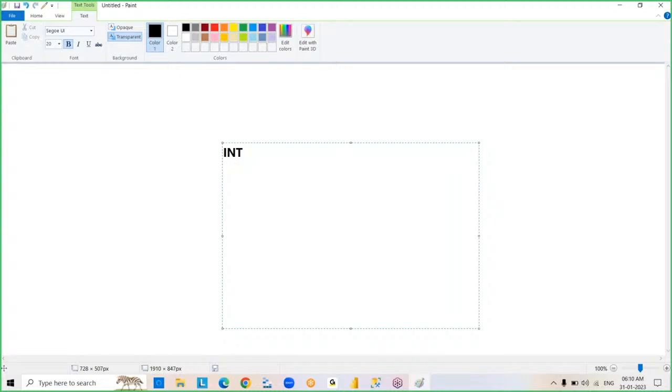Integer means it is a perfect number. It will not accept any decimal values. Perfect number means without decimal values. If any decimal value is there, we cannot store it in int.